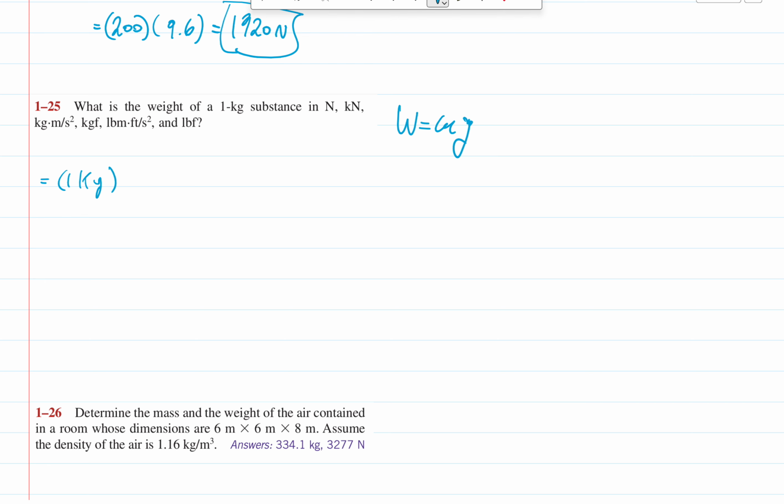So it's going to become 9.81 newton. For the second one, factoring all of that, that's in newtons. So if I want to find it in kilonewton, we take 9.81 times 10 to the power negative 3, which is going to give us a value in kilonewton.